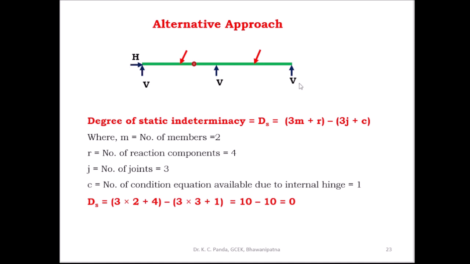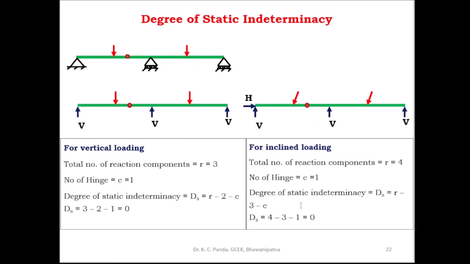So the total number of reaction components is equal to 4 here, and the number of members m is equal to 2, joints 3, and C is equal to 1. Then ds is equal to 3 into 2 plus 4 minus 3 into 3 plus 1. So 10 minus 10 is equal to 0. So here you got ds is equal to 0, and here also you got ds is equal to 0. So the degree of static indeterminacy of this type of beam is equal to 0. So this is a determinate structure.